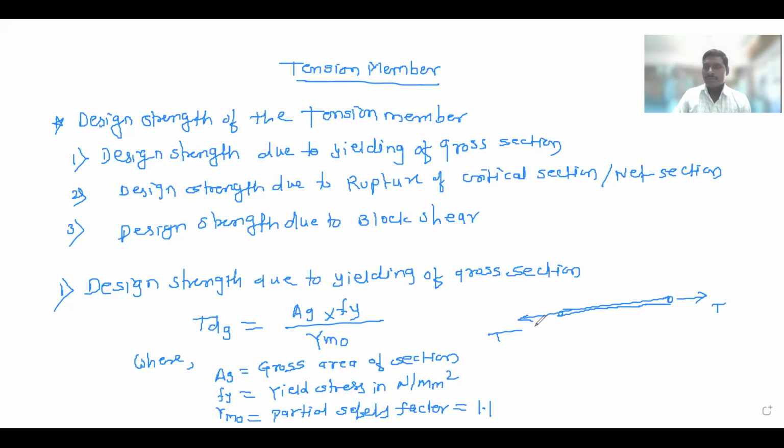The length increases. If length increases, the thickness decreases. Thickness means diameter, correct? This diameter decreases. This is your original length and this is your change in length. It means elongation takes place.